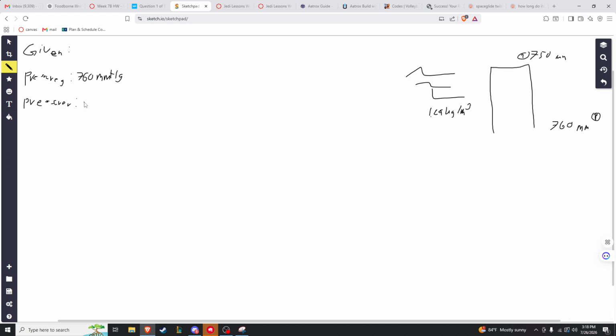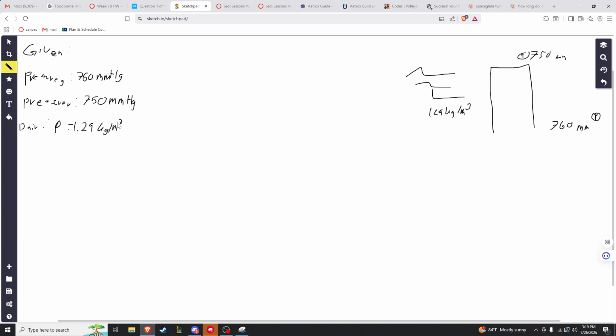It's pretty hard drawing with this mouse, but 750. And the density of the air, which is rho, is equal to 1.29 kilograms per meter cubed.